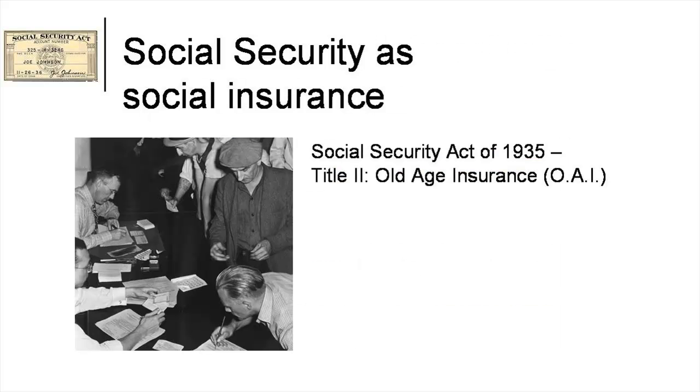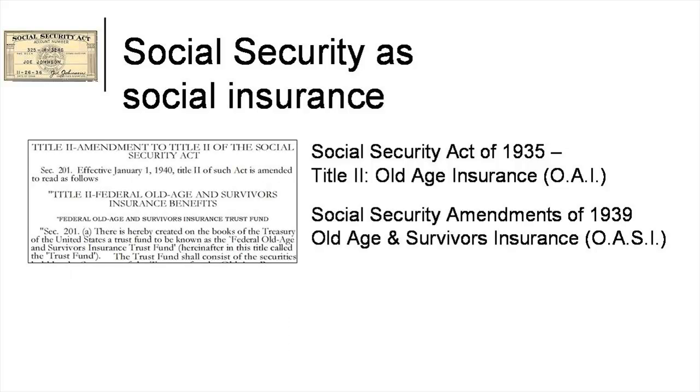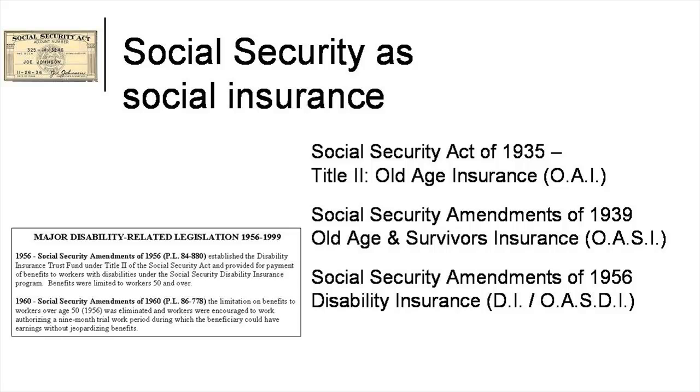From the outset, Social Security, initially Old Age Insurance or OAI, but soon Old Age and Survivors Insurance, OASI, and eventually Old Age Survivors and Disability Insurance, OASDI, from the outset, the program has been constructed within a social insurance framework.